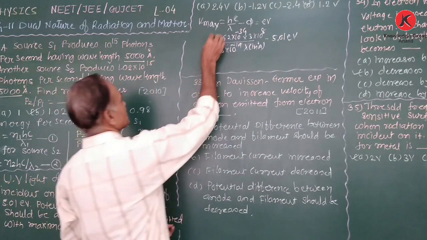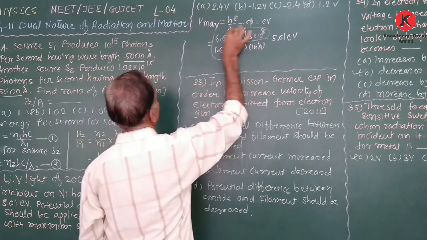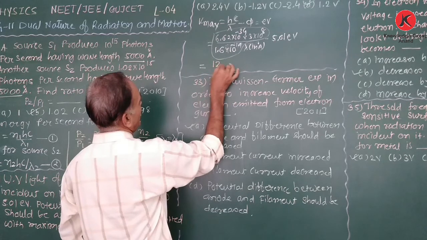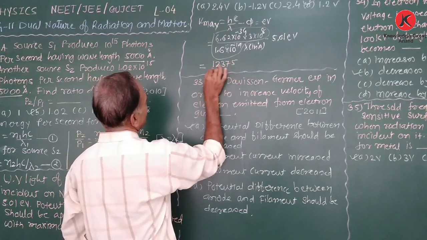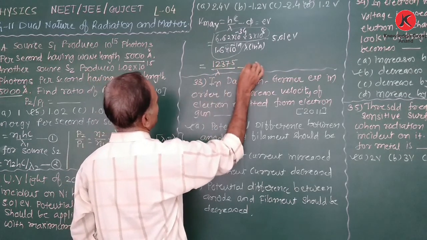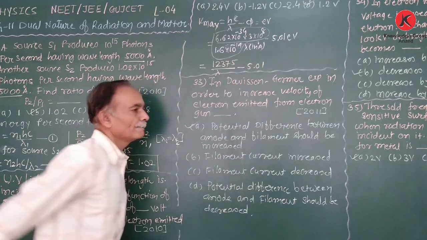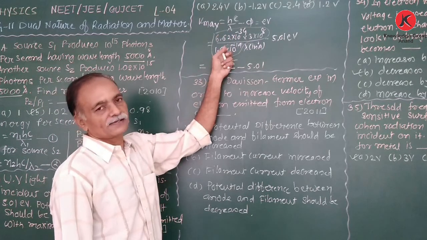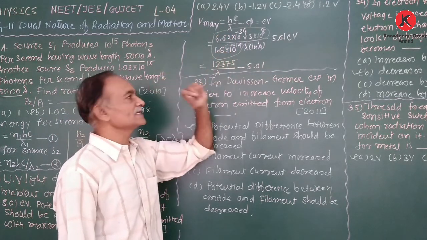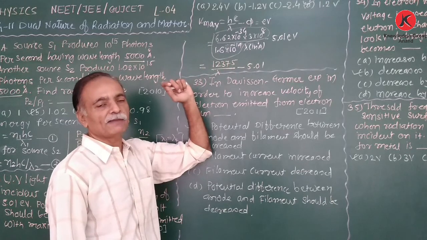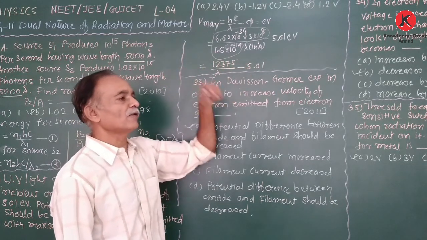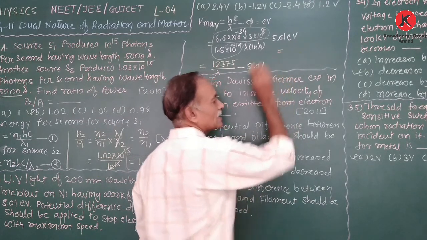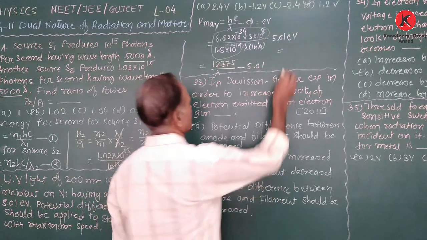The simplification of this part we already did in an earlier numerical: 12375 electron volt divided by lambda minus 5.01. So its simplification is 6.1875.